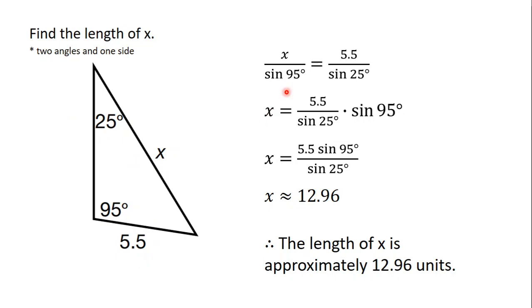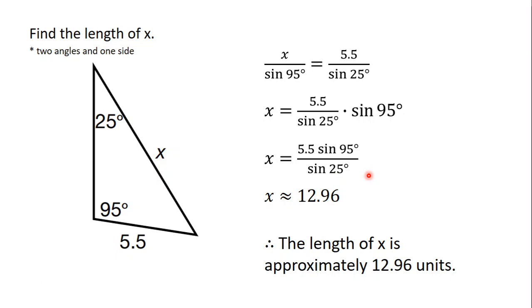By applying the multiplication property of equality, x will be equal to the ratio of 5.5 and sine 25 degrees times sine 95 degrees. If we multiply this to the ratio here, we get x is equal to 5.5 sine 95 degrees all over sine 25 degrees.